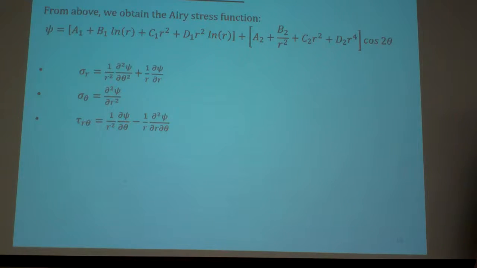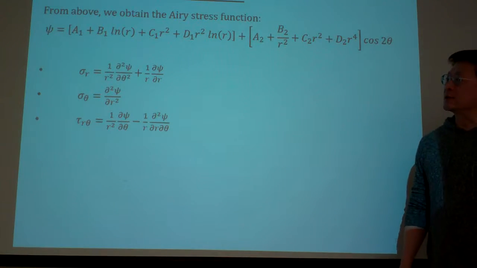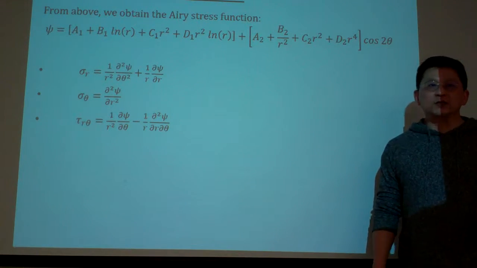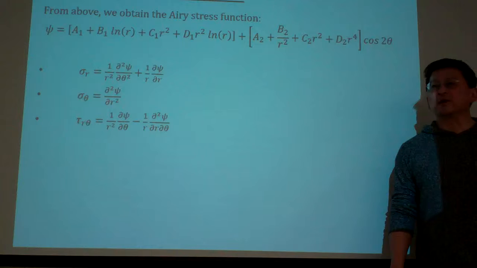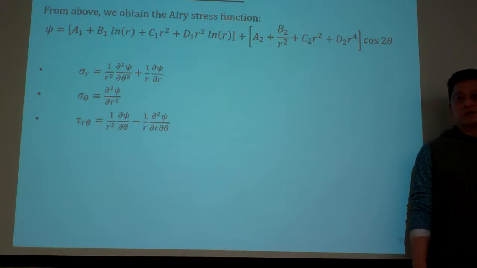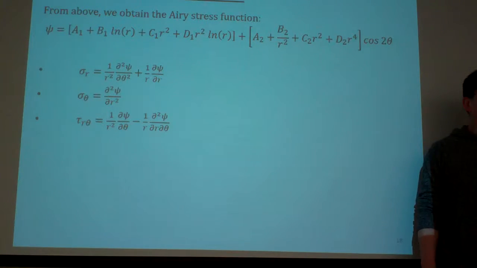In my opinion, that is the disadvantage of using the Airy stress function approach in two-dimensional problems, because you always have to base it on a very good understanding of the physical problem to help yourself come up with a good guess.